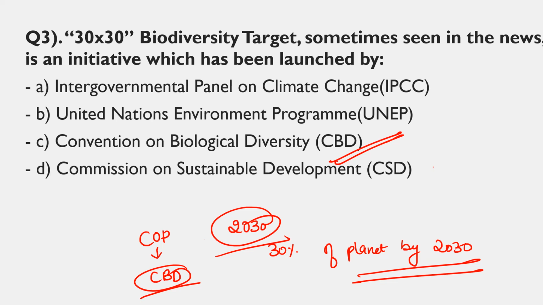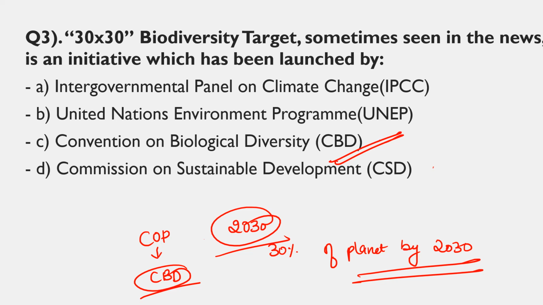So you have to explain that this 30 by 30 target implies protection of at least 30% of the world's land and ocean by 2030. And it is a global target that aims to halt the accelerating loss of species and protect the ecosystems that are the source of our economic security. And this has been endorsed by more than 100 countries, including the European Union, G7, India also.